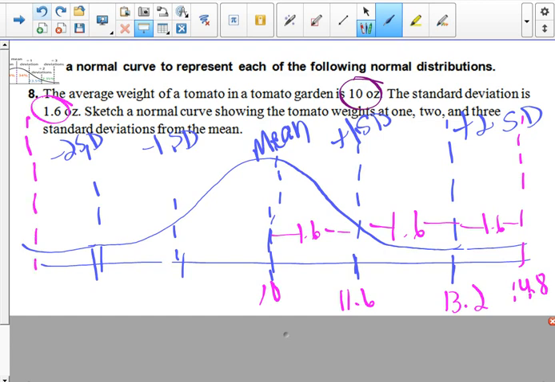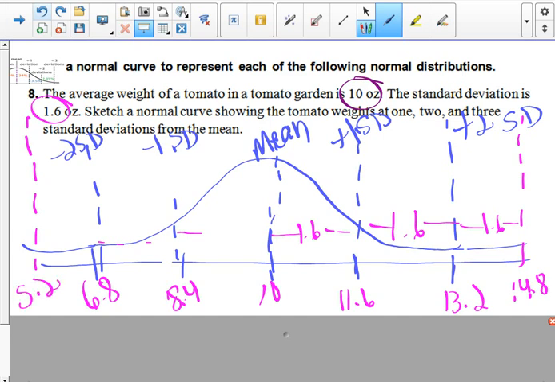Okay, now do the left side, but you're going to have to subtract 1.6 each time. So 10 minus 1.6, well, 10 minus 1 is 9, and 9 minus 0.6 is 8.4. Now, subtract 1.6 again, and what do we get? 6.8 for the second, and how about for the third? 5.2.